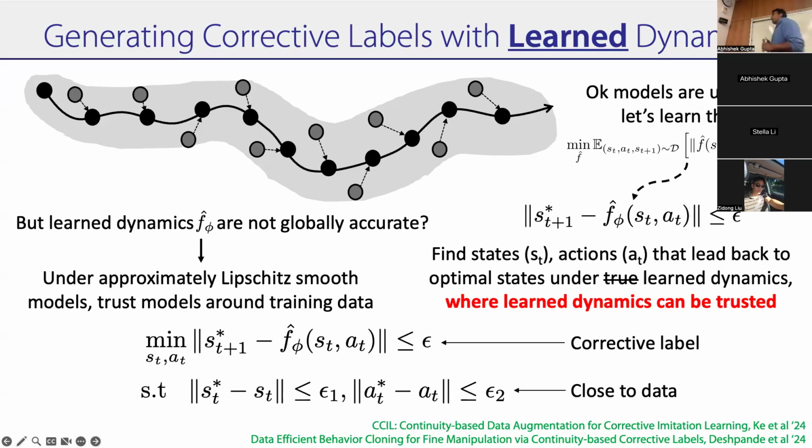For F hat, you can measure it because you know the functional form, so you can perturb the input and see what the output is. The way that you enforce smoothness on F hat for the learner is that you impose things like spectral norm regularization, which is essentially trying to minimize the largest eigenvalue of your matrices.